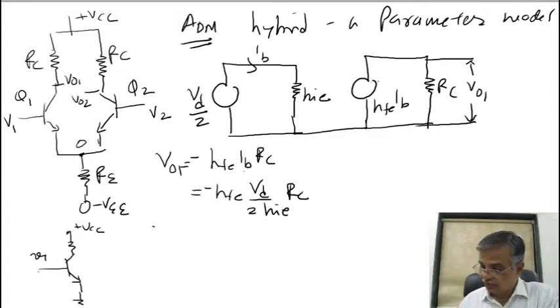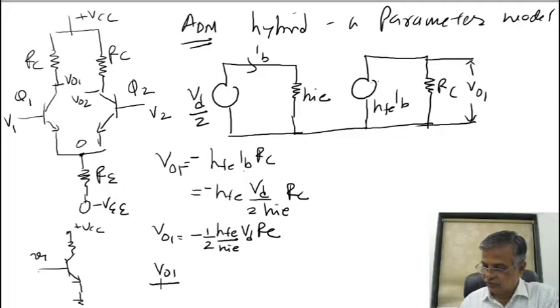So VO1 I can write as minus 1 half HFE upon HIE VD into RC, or VO1 by VD is minus 1 half HFE upon HIE into RC.